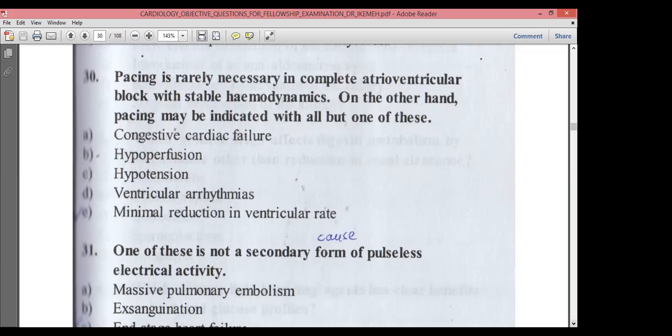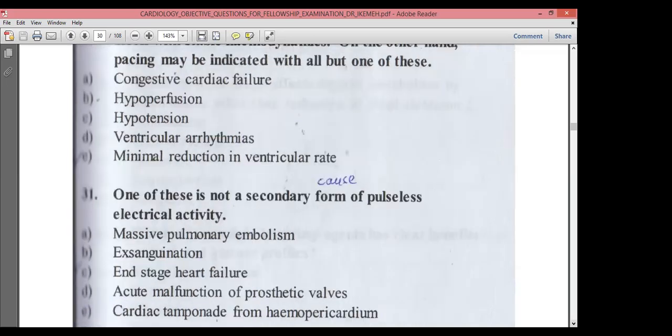So the 5H: hypovolemia, hypoxia, hydrogen ions, that's increased hydrogen ions, that's acidosis, then hyperkalemia, hypothermia. Then the 5Ts: tension pneumothorax, trauma, tamponade, thrombosis of pulmonary origin, then thrombosis of coronary origin.